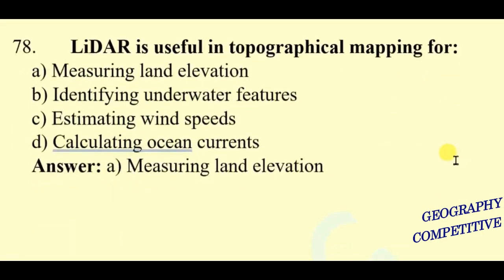Question 78. LiDAR, or light detection and ranging. LiDAR is useful in topographical mapping for measuring land elevation, identifying underwater features, estimating wind speeds, calculating ocean currents. Here the right answer will be measuring land elevation.